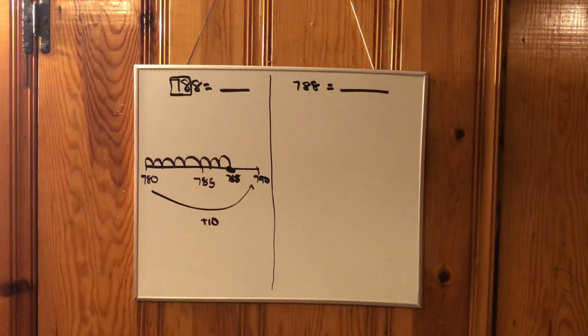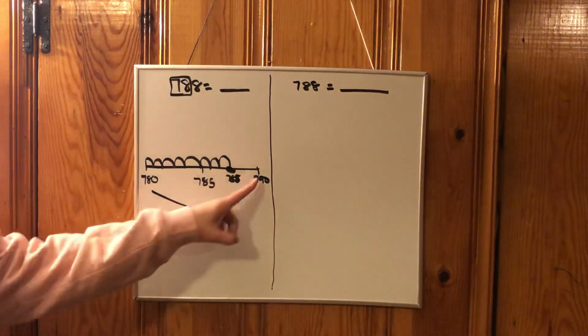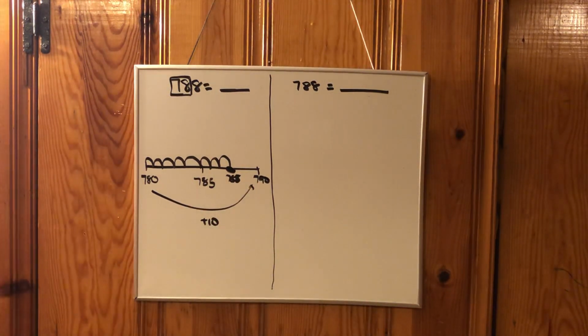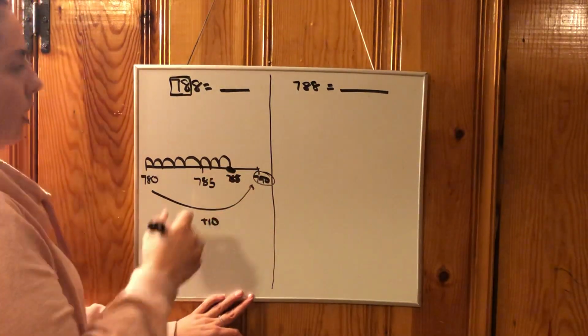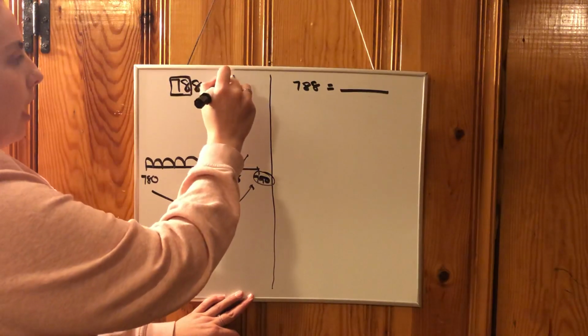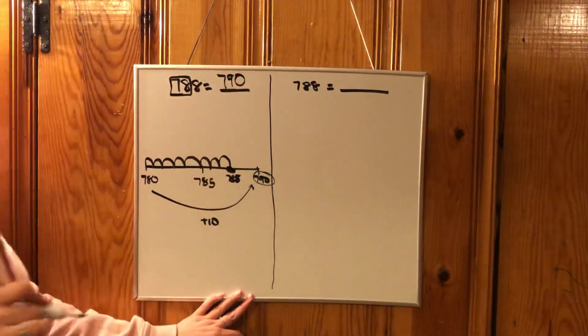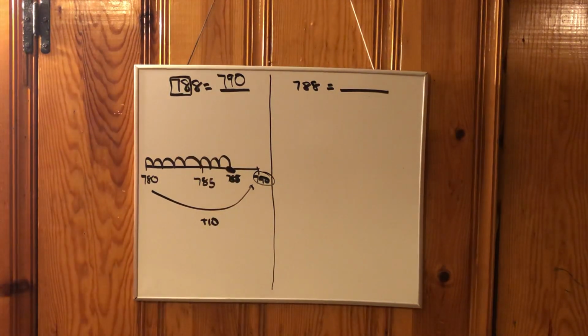What would you say that is closest to? 780 or 790? It is closest to 790. So we would say that 788 rounded to the nearest 10 is 790 because it is closer to 790 than it is to 780.